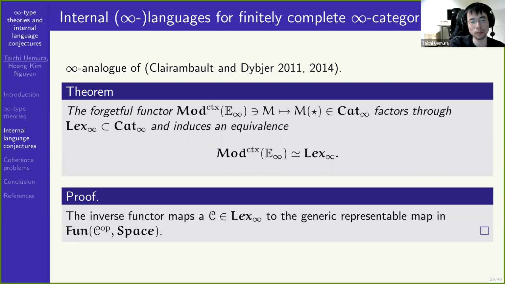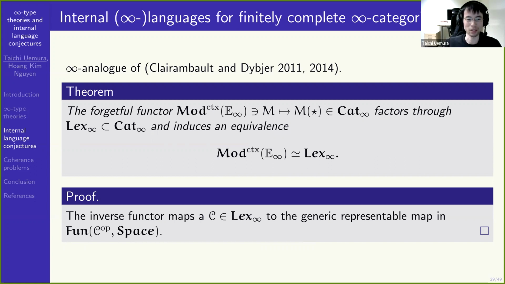All right, so we defined an extensional infinity type theory, and it is natural to expect that this is the internal language for finitely complete infinity categories. And this is indeed true. More precisely, we have a forgetful functor from models of E infinity to infinity categories by taking the base infinity category. In fact, this base infinity category has finite limits and this induces an equivalence. The inverse construction is also easy.